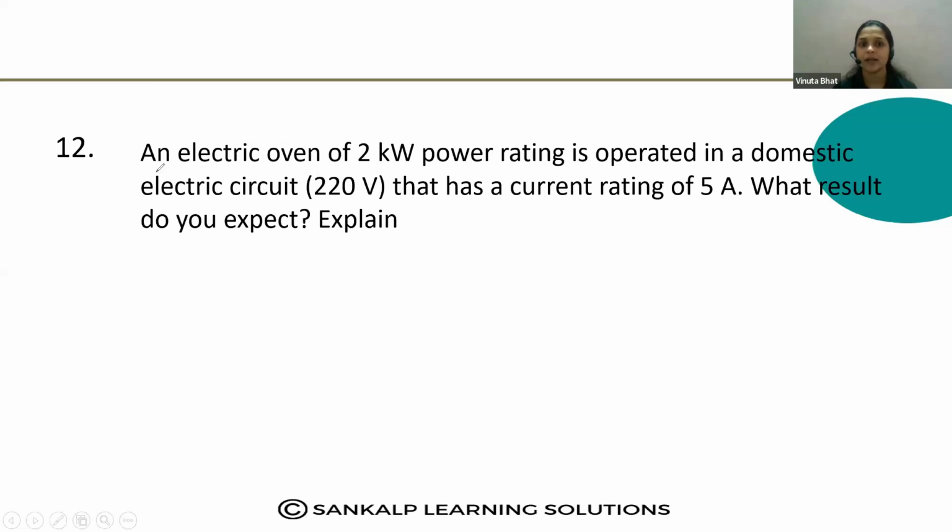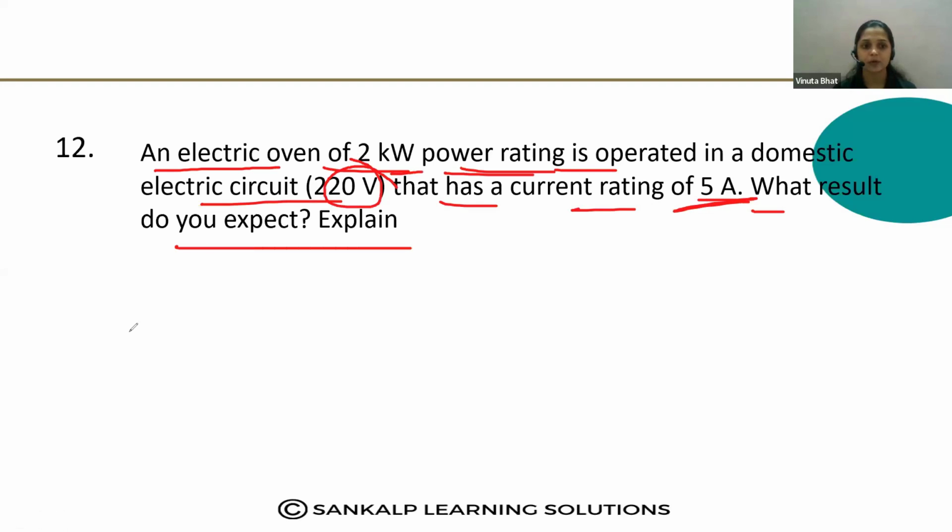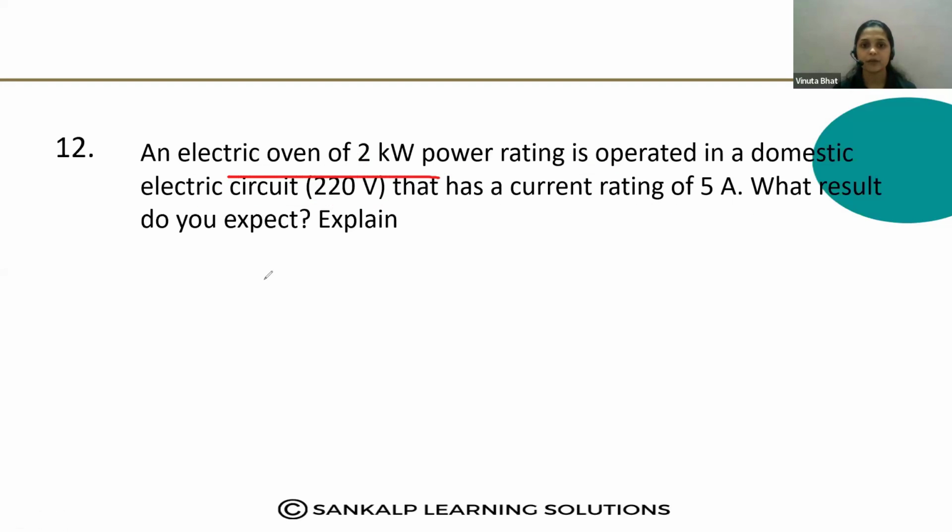Next question. An electric oven of 2 kilowatt power rating is operated in a domestic electric circuit of 220 volt that has a current rating of 5 ampere. What result do you expect? Explain. What is the power?